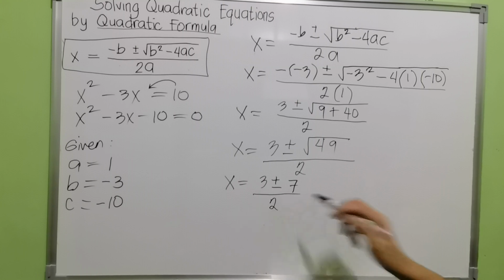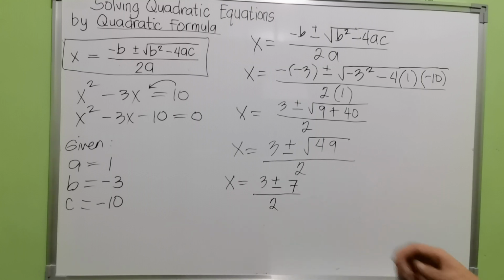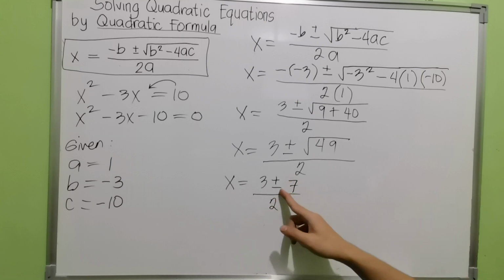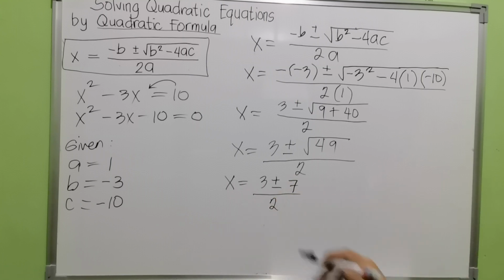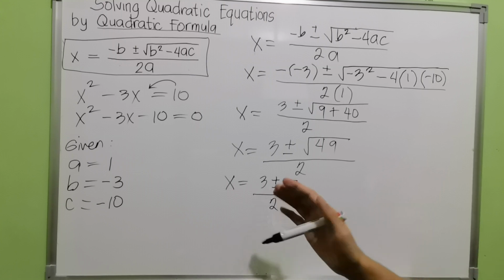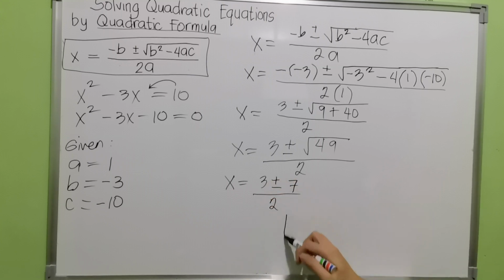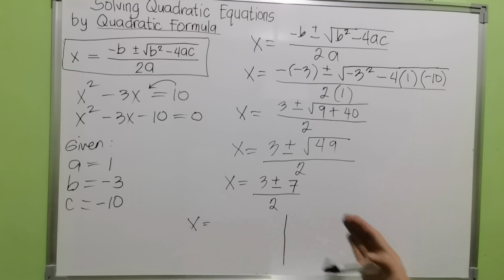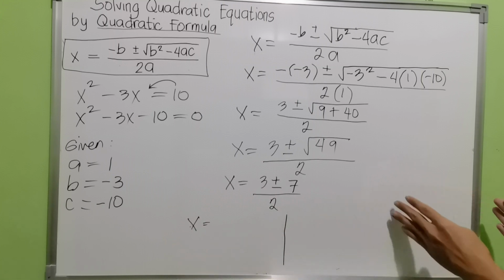Divided by 2. Our answer has two solutions, positive and negative, so we have to divide this into 2. Let's copy x equals. We use positive 7 on one side and negative 7 on the other side.